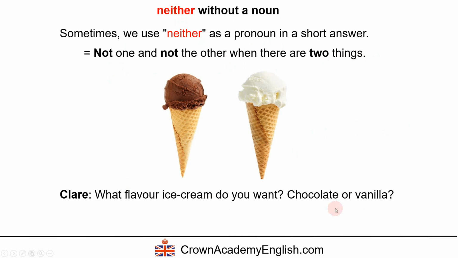Here's the question, chocolate or vanilla? And John says neither. So what does this mean? Well, this means that John does not want chocolate and he does not want vanilla. Okay, so this is neither without a noun.